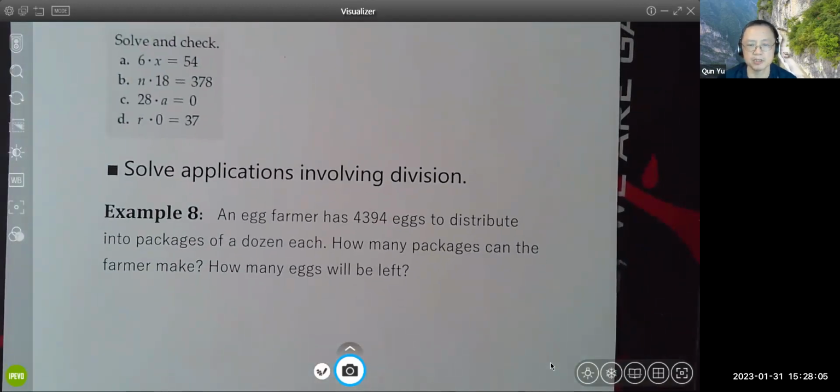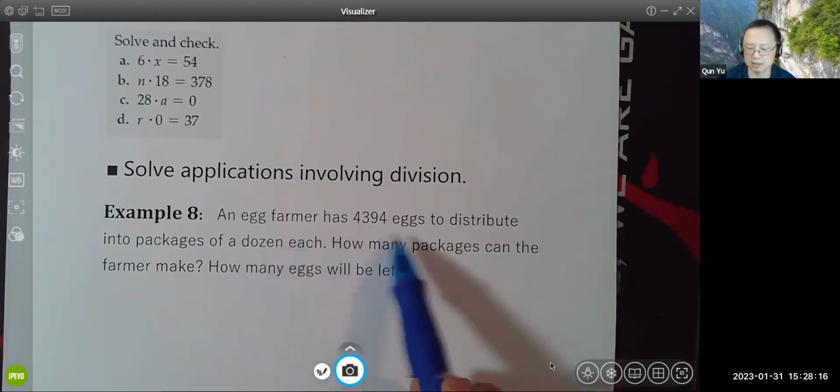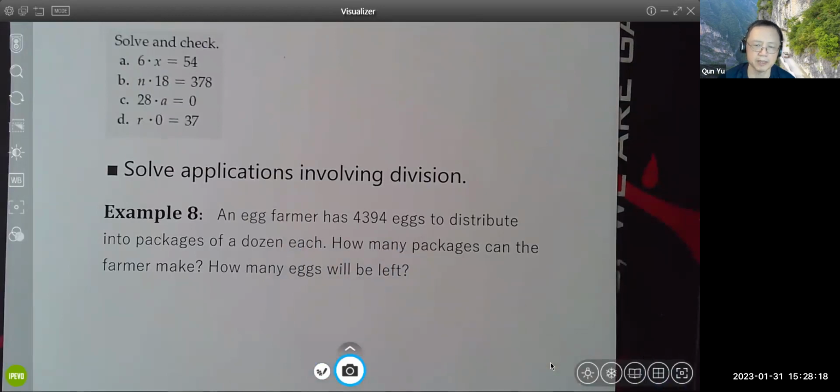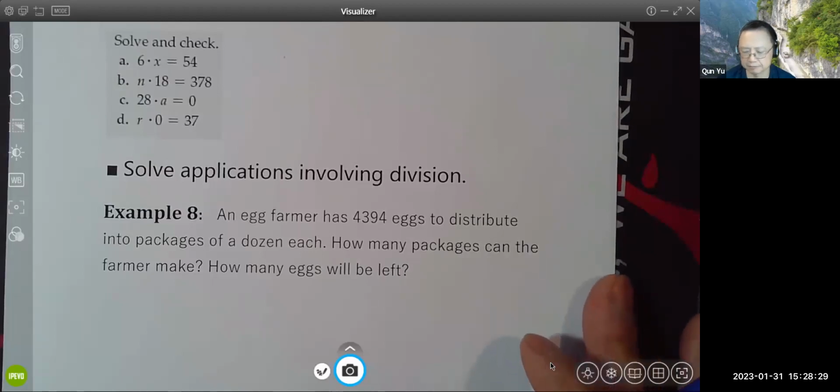An egg farmer has 4,394 eggs to distribute into packages of a dozen each. So they are going to put all these eggs into those packages. Each package will have a dozen eggs in it. How many packages can the farmer make? How many eggs will be left?